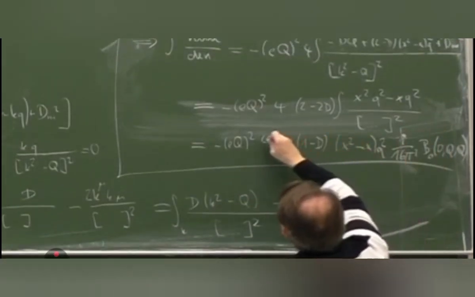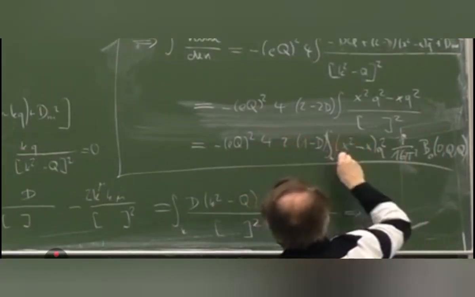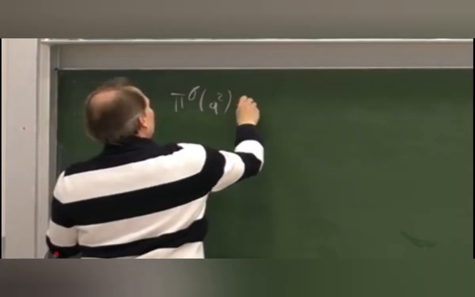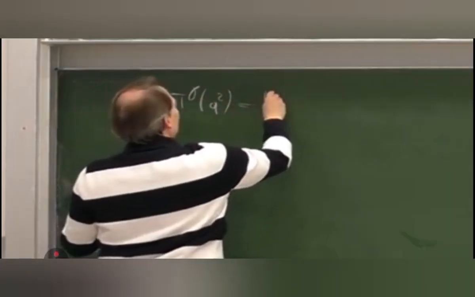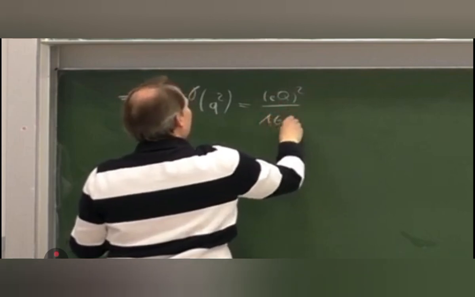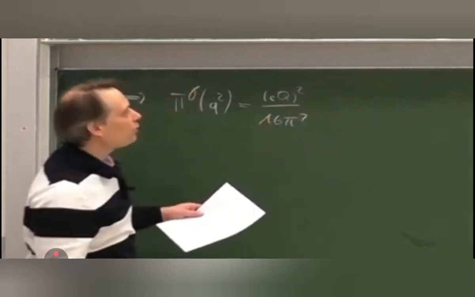Right, so let's put it here, integration over x. So then we can read off the full pi gamma by dividing by all the prefactors that we had collected before. And then the pi gamma is actually E times Q square divided by 16 pi square. That comes from the one loop prefactor.